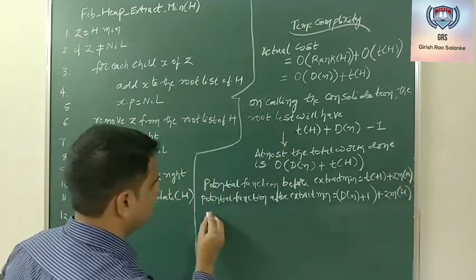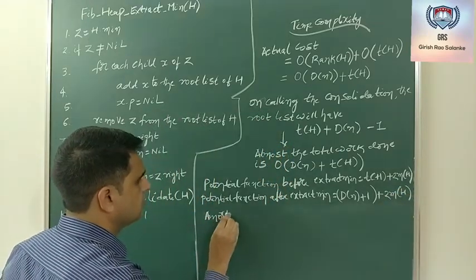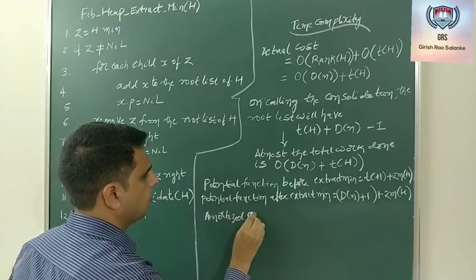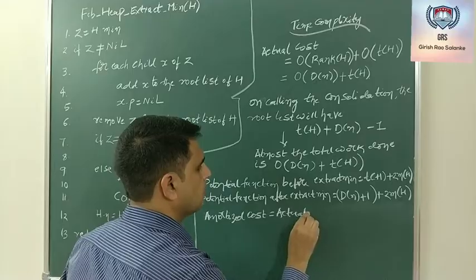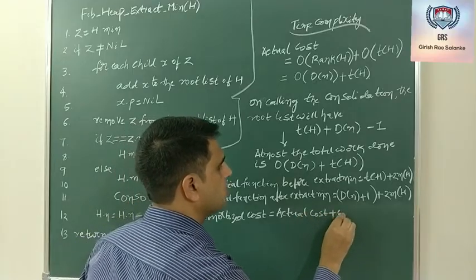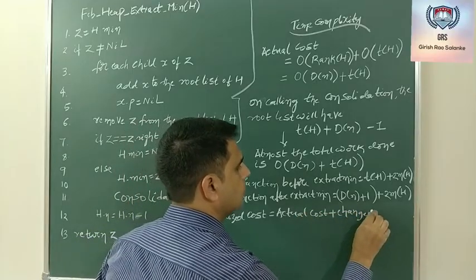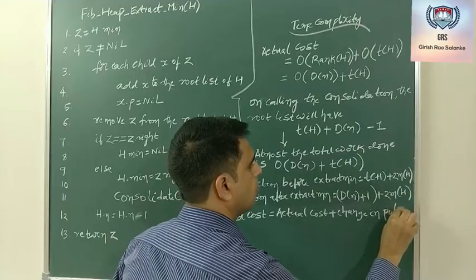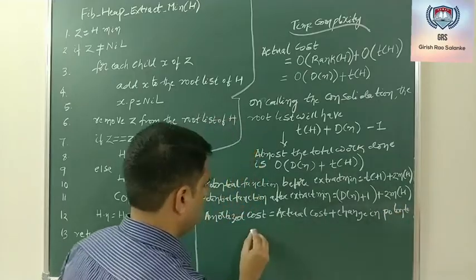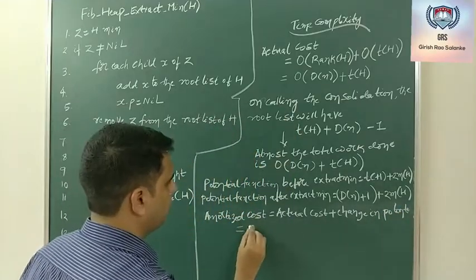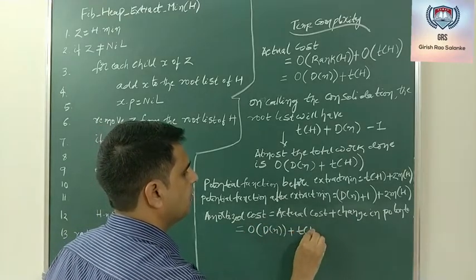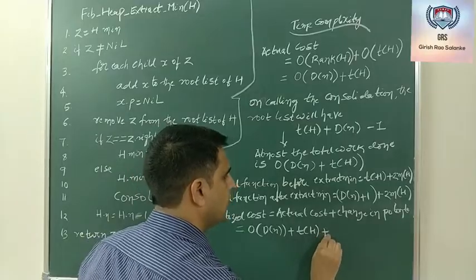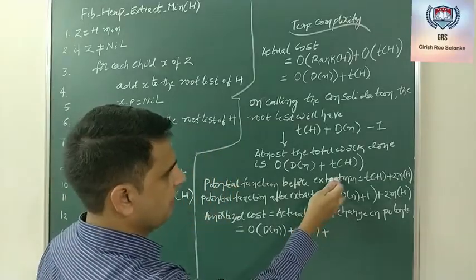Now what is the amortized cost? Amortized cost is actual cost plus change in potential. Actual cost is order of d of n plus T of h, plus the change in potential: this value minus this value.